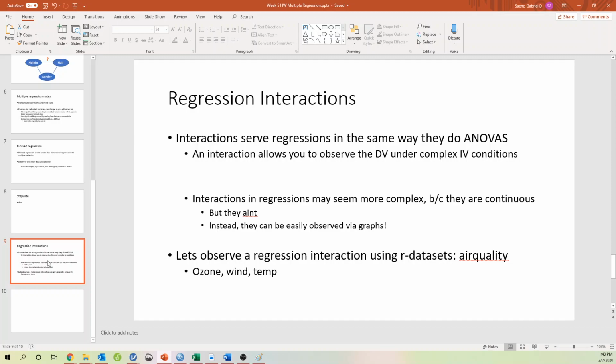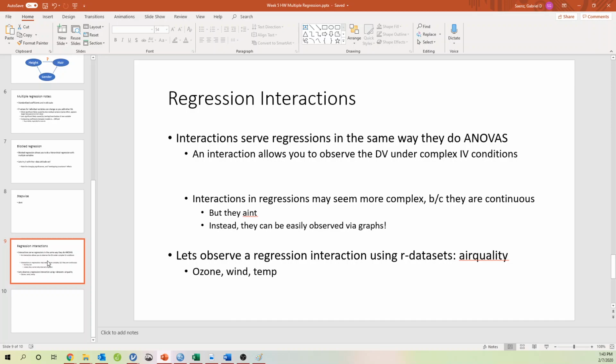Regression interactions. An interaction in an ANOVA is a situation where you look at multiple independent variables so that you can identify their relationship to the dependent variable in a more complicated way. To say that more particularly, an interaction allows you to observe the relationship between an independent and dependent variable when accounting for particular conditions of a third variable.